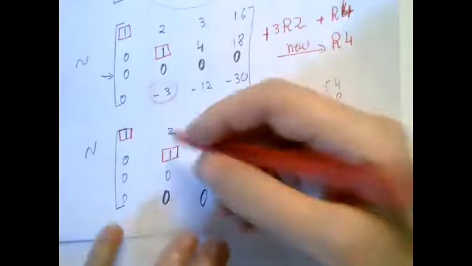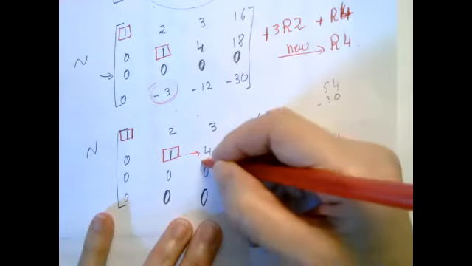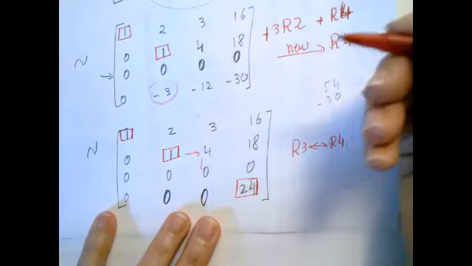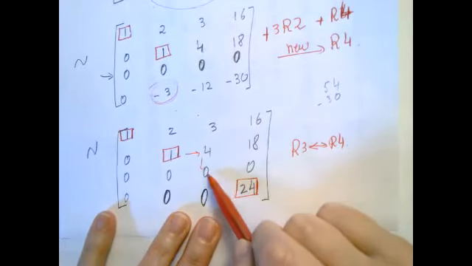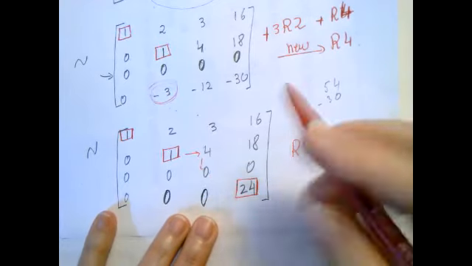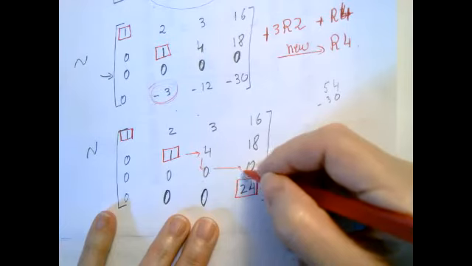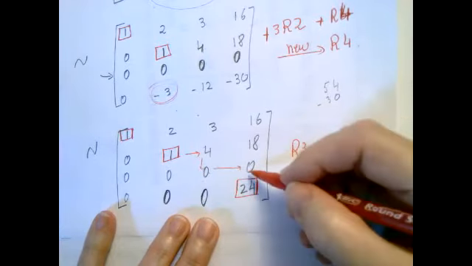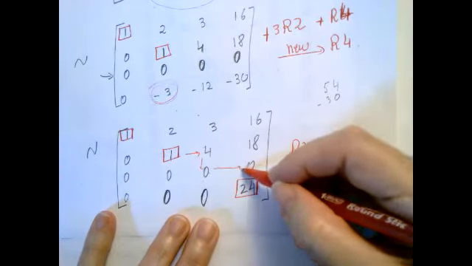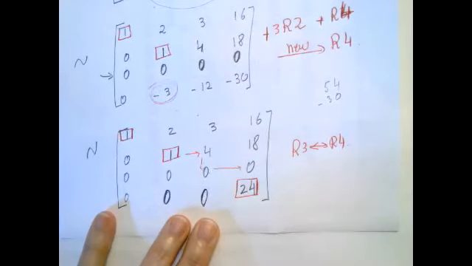And now the idea is basically to move to the right again and create a leading. But in this case, there is no way I can create a leading because what's below it is zero. So I had to move here again and below, and actually try to create a leading in here. To create a leading here, I had to switch the 24 out of the problem.